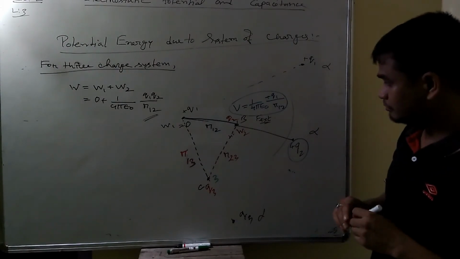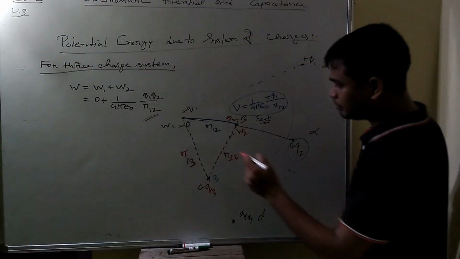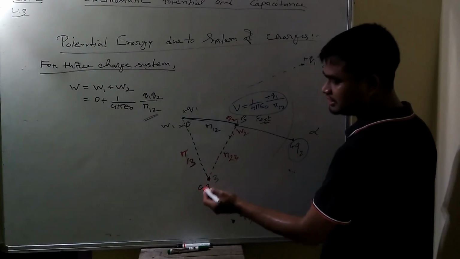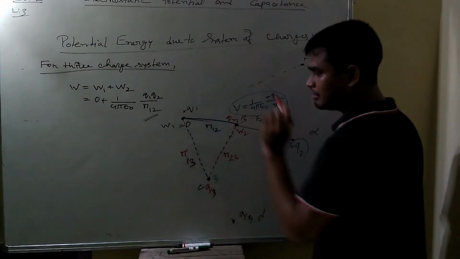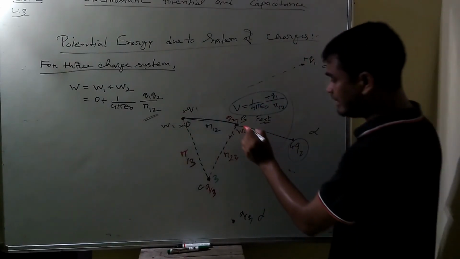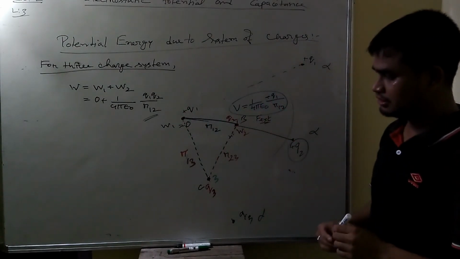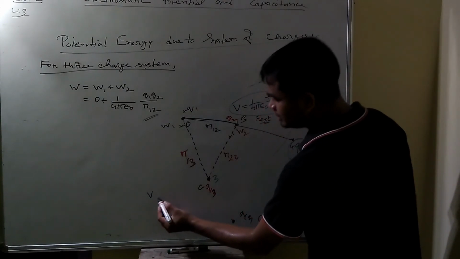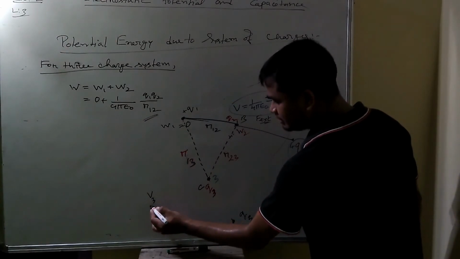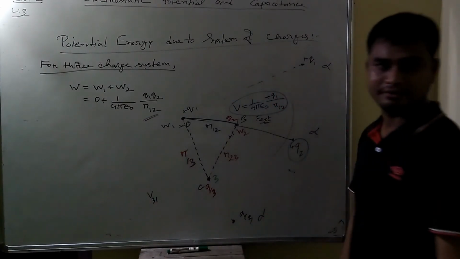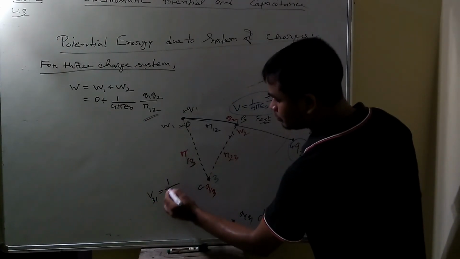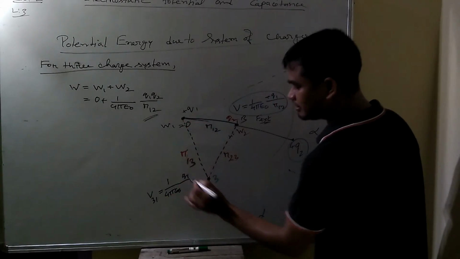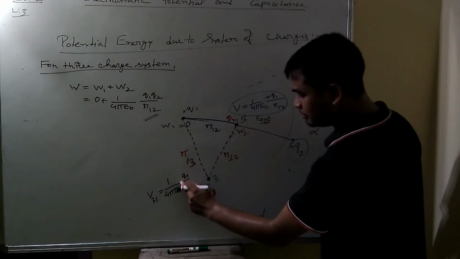Therefore, we have to find the potential at point C due to the Q1 charge and again due to the Q2 charge. The potential at 3 due to point charge 1 is V31, equal to 1 by 4 pi epsilon naught, Q1 by R13, where R13 is the distance between Q1 and Q3.